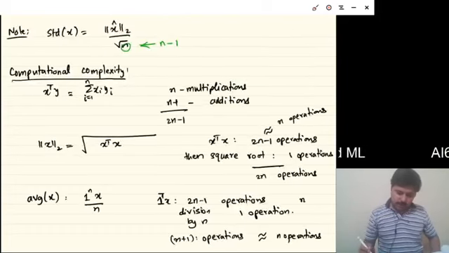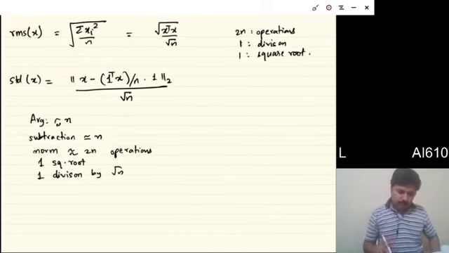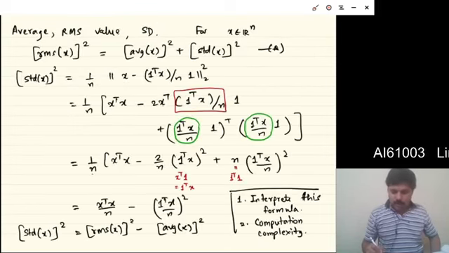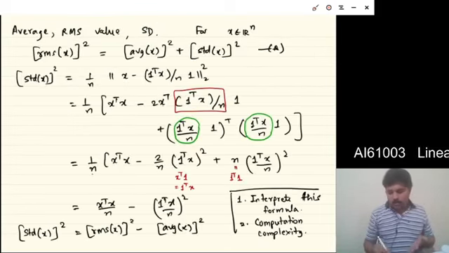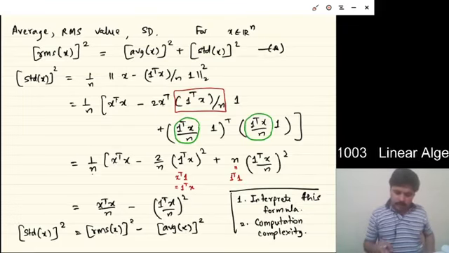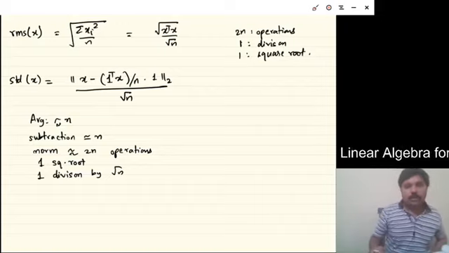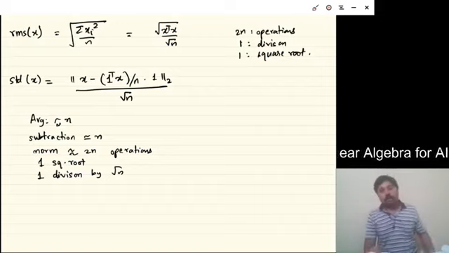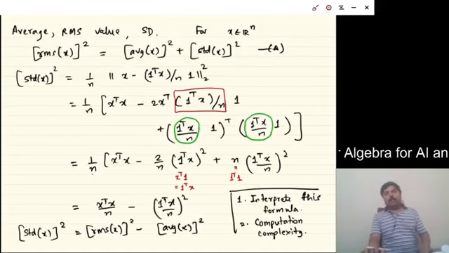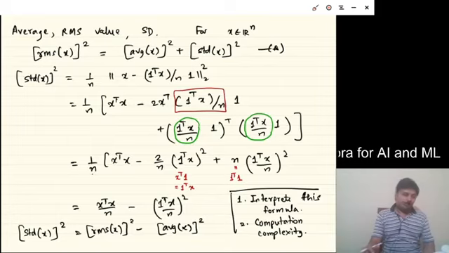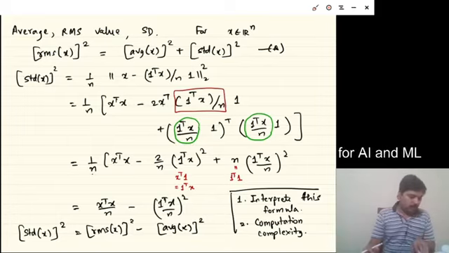We just wrote somewhere that the evaluation of RMS is 2n operations. You check how many operations this standard deviation requires, and how many operations the formula that we wrote down requires, and whether one way is computationally better than the other. That's something you can explore. That's what I want you to check.